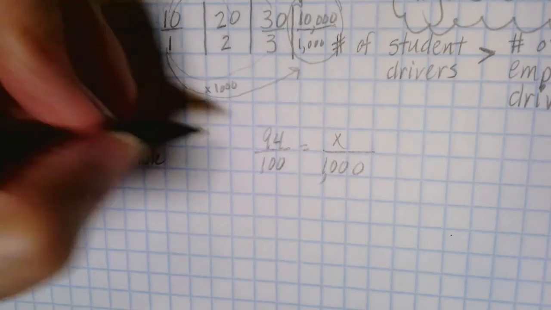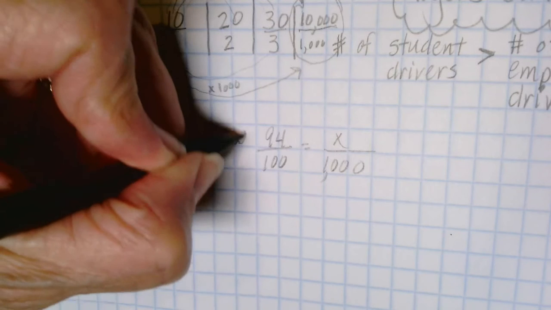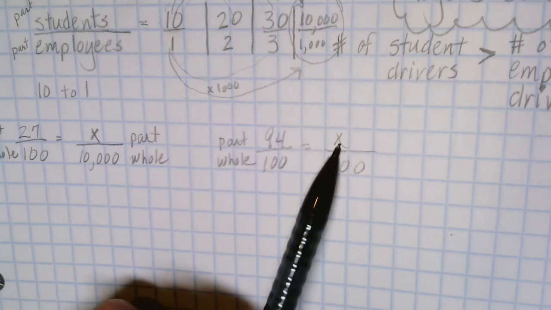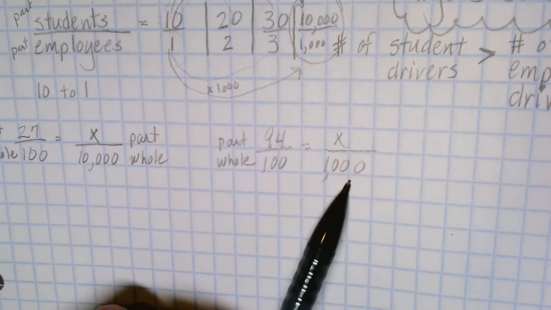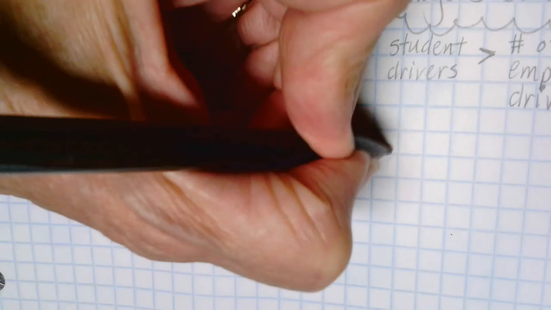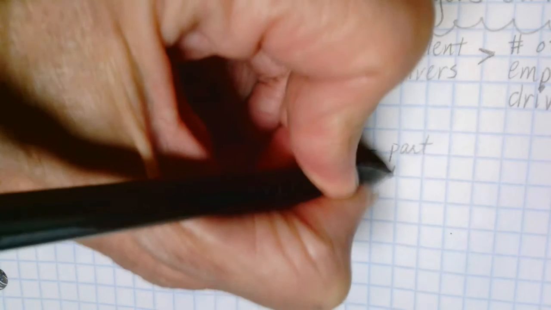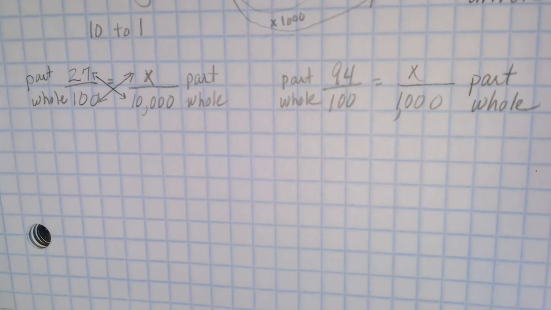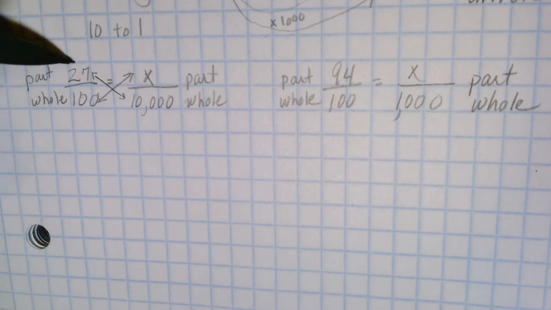So again, this is my part to whole. And over here, I'm going to find the part of all of the employees who are driving. So for both of these, I'm going to solve using cross multiplication.